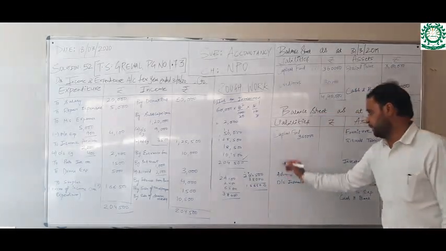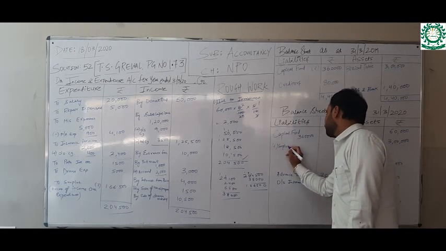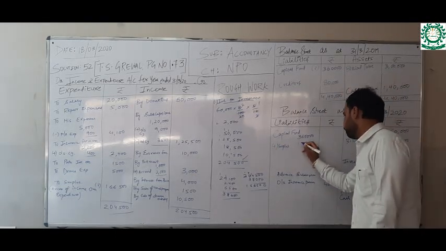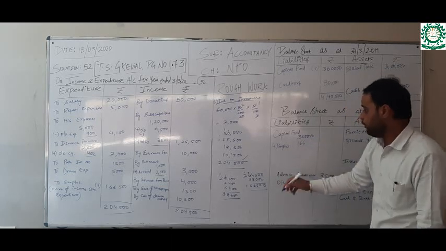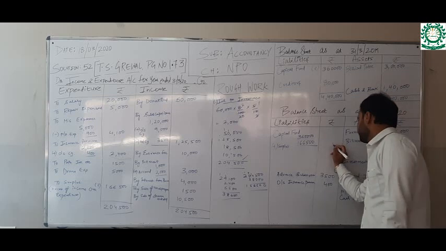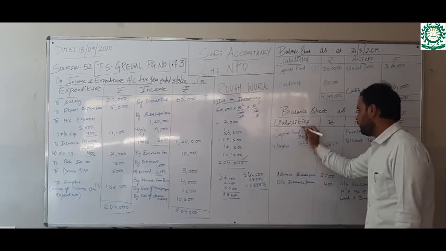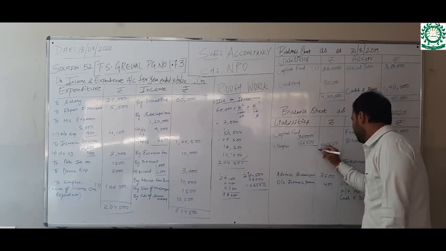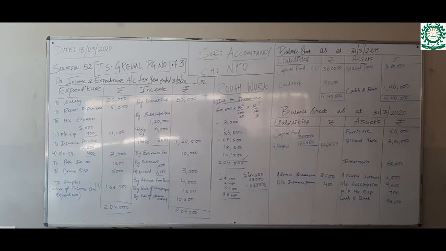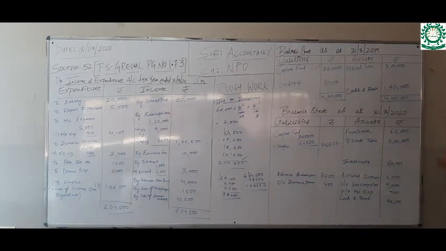So adding the surplus, that is 1,66,500. So that brings 6 and 6, 12, 1 carry, 5, 26,500.